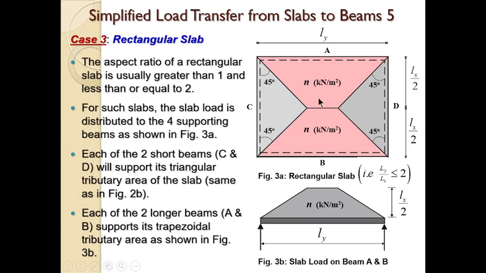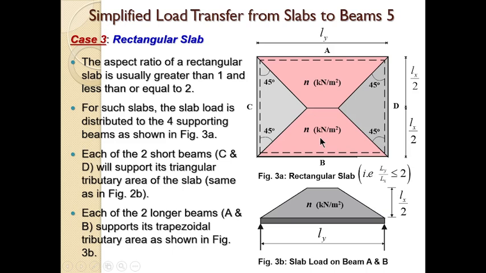By the time you finish, this one will be a trapezoidal tributary area. So the beams on the short span are carrying triangular tributary areas, while the beams on the long span are carrying what?